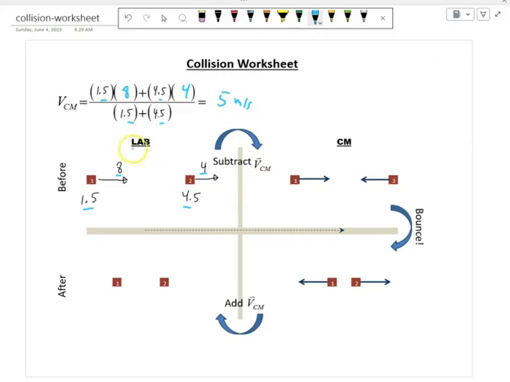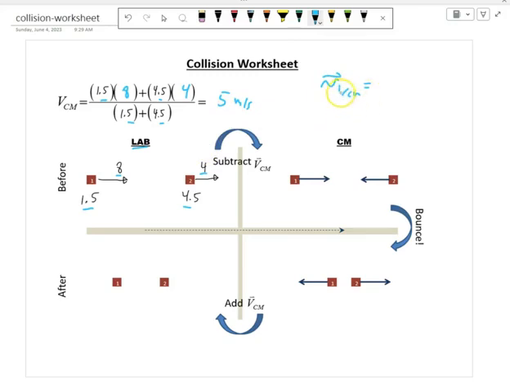We're in the so-called lab right now, with the 8 meters per second and 4 meters per second. And so we're interested in, for example, finding velocities of 1 and 2 relative to the center of mass, to see what the relative velocity would look like if you were running along at 5 meters per second with the center of mass.